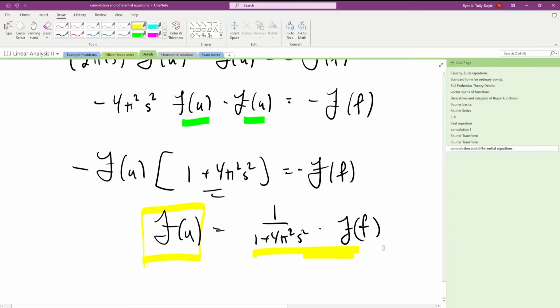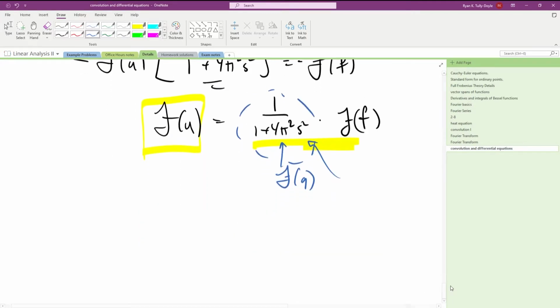So the key to getting back to u is to use the convolution theorem. If I could write this as the Fourier transform of some function g, then I could use the convolution theorem to write u as a convolution of f and g. So the game in questions like this is finding out what this thing is the Fourier transform of.